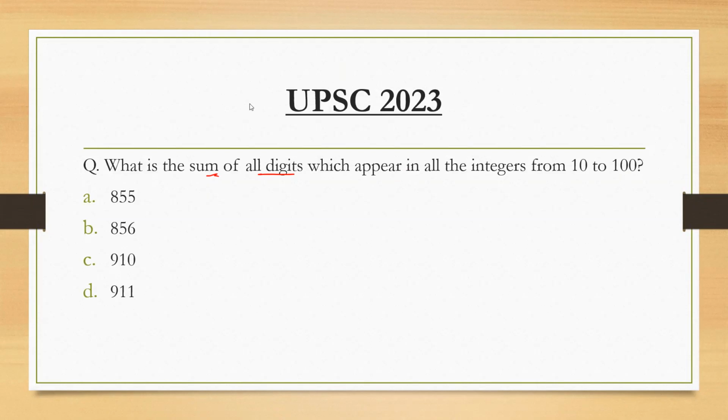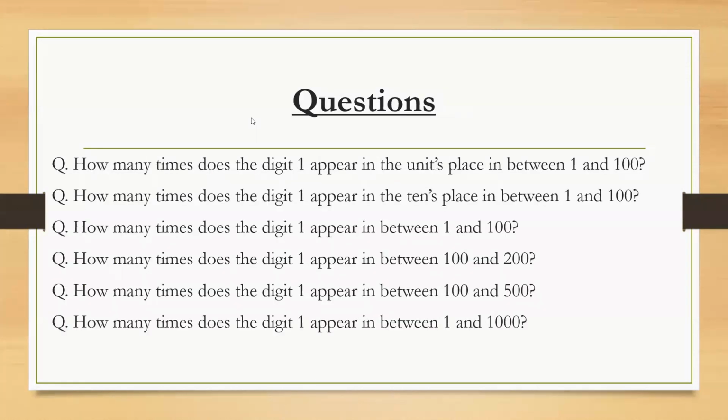Before jumping into this topic, there are many areas that we would like you to cover. So here we'll again do the same exercise: start from the basic part, then go to the UPSC questions. How do you expect a question in UPSC on digits?